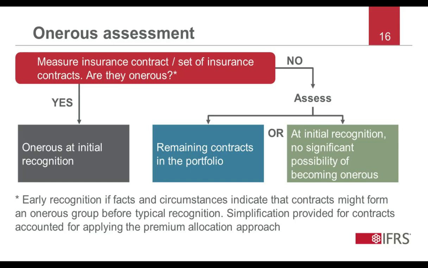If the outcome of measurement is that there is an expected net outflow, this represents an onerous loss. Those contracts belong in the group of contracts that are onerous at initial recognition. In addition, an entity may be required to recognize a group of onerous contracts earlier than typical recognition requirements if the facts and circumstances indicate that some contracts might form an onerous group.